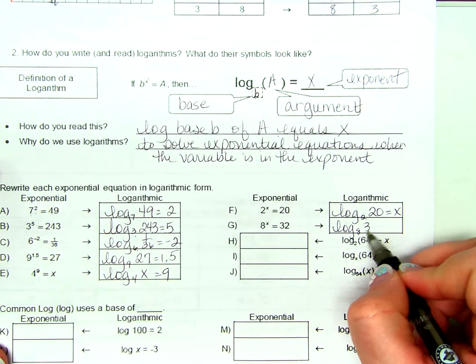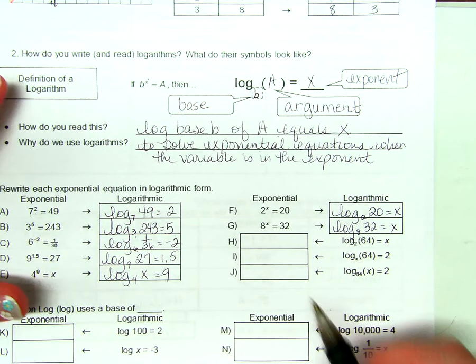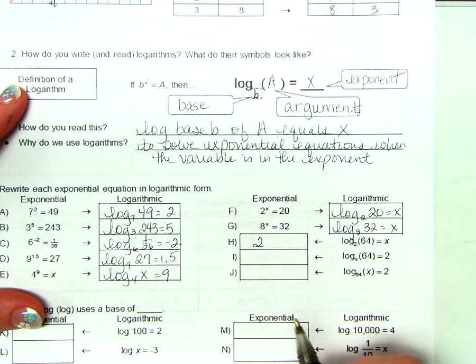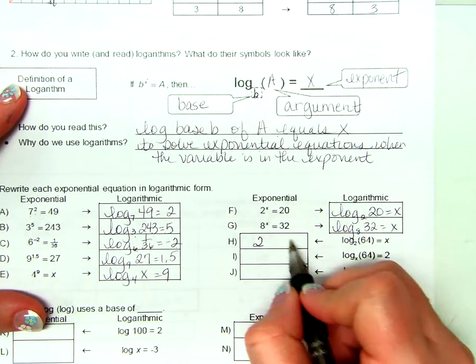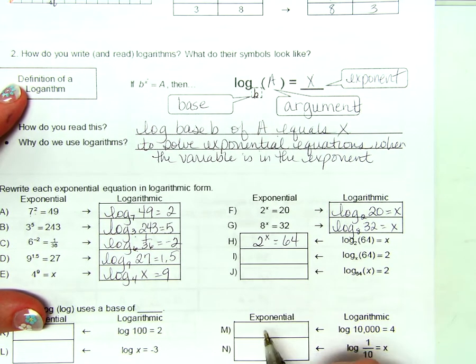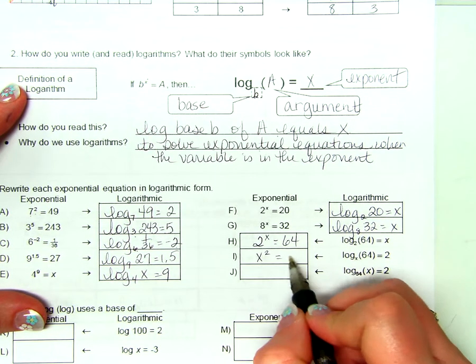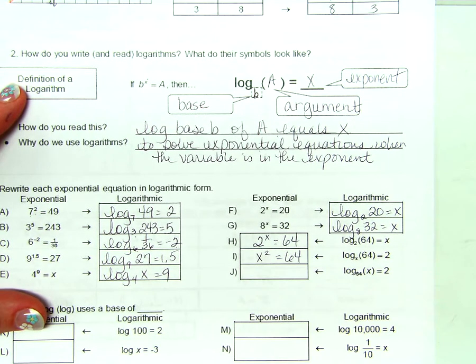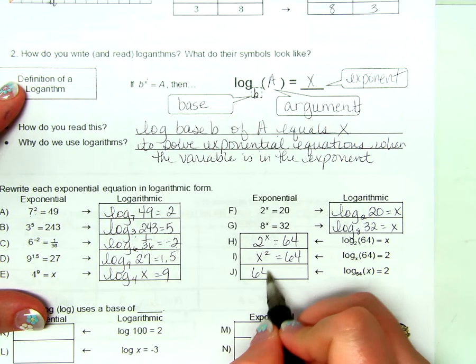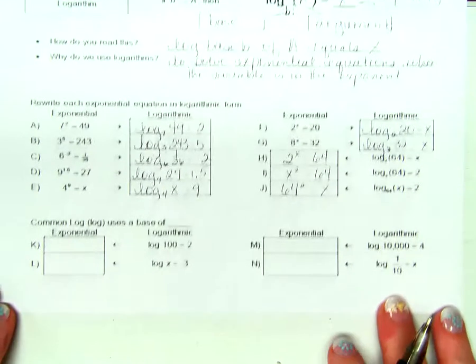Log base 8 of 32 equals x. Can you go backwards? Prove it. 2 raised to the x power equals 64. What about I? X squared equals 64. J? 64 squared equals x.